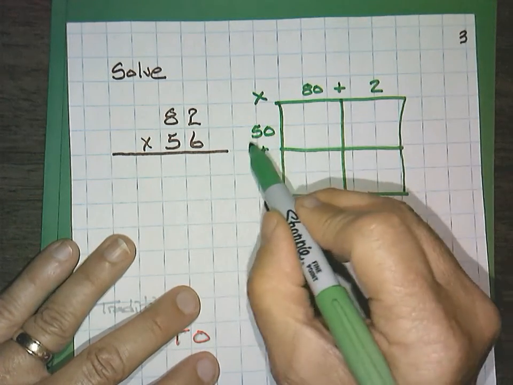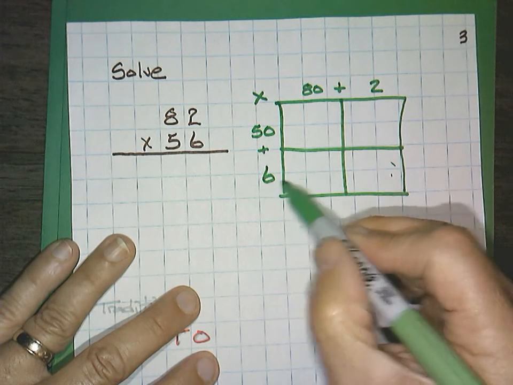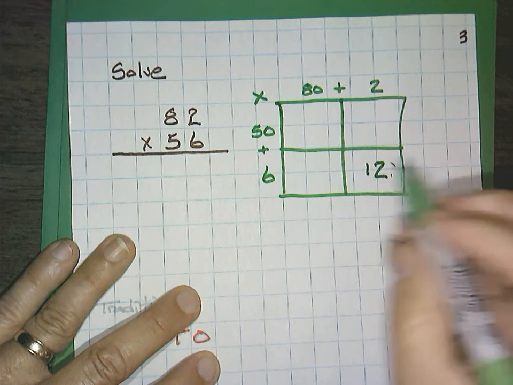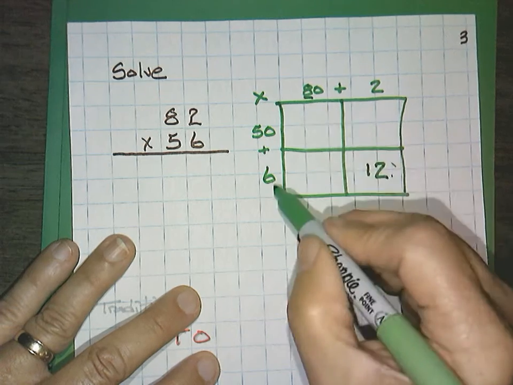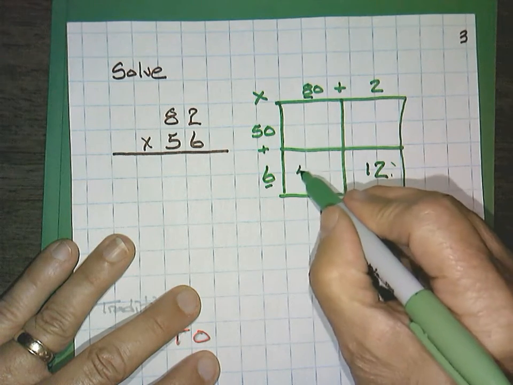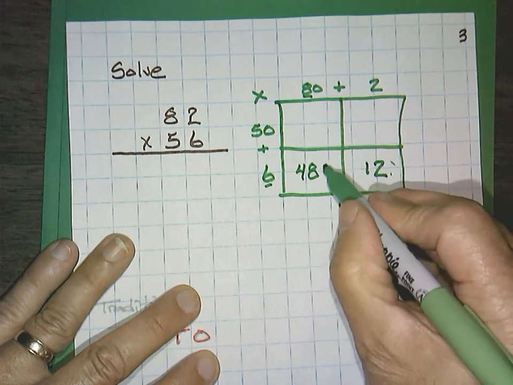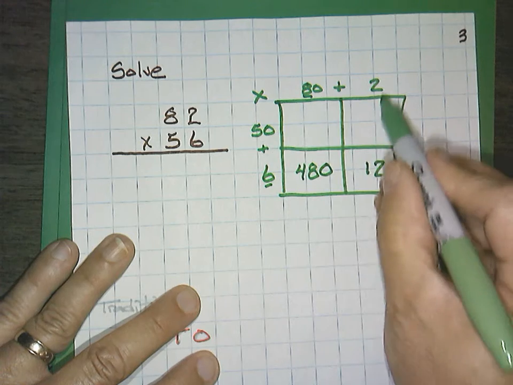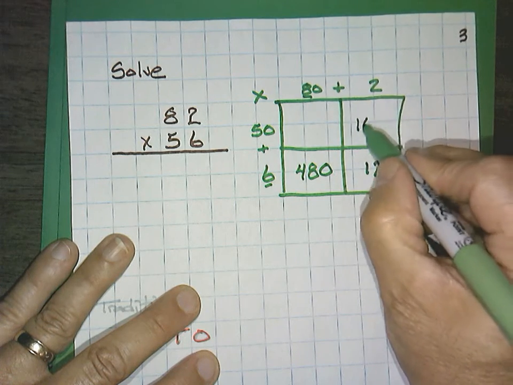And remember that we are multiplying. Okay, so you can start anywhere. In fact, why don't we start down here this time? So that would be 6 multiplied by 2 is 12. 6 times 80, but remember we can go 6 times 8 is 48. Count your zeros, which is 1, and write your zeros, 1. 50 times 2, well, 5 times 2 is 10.